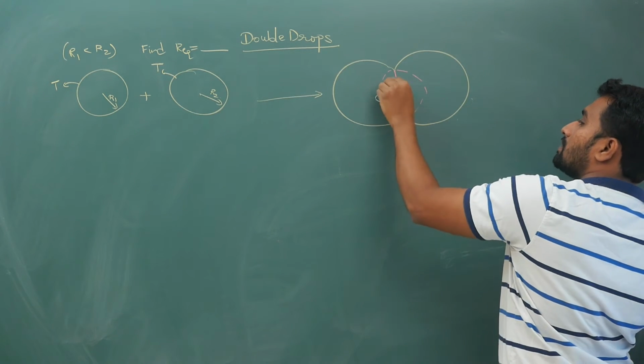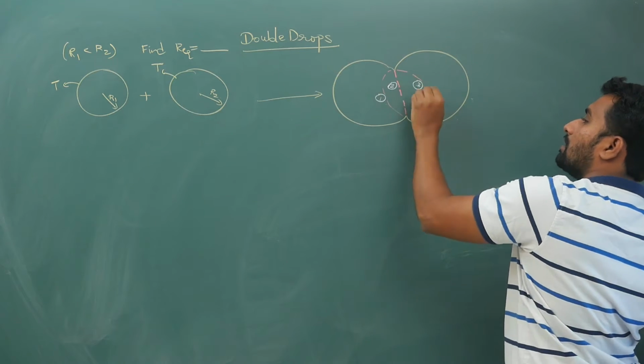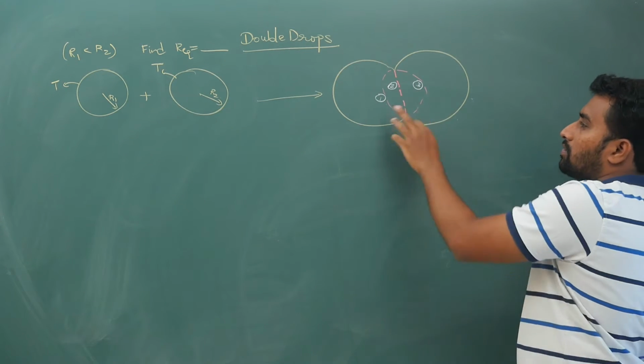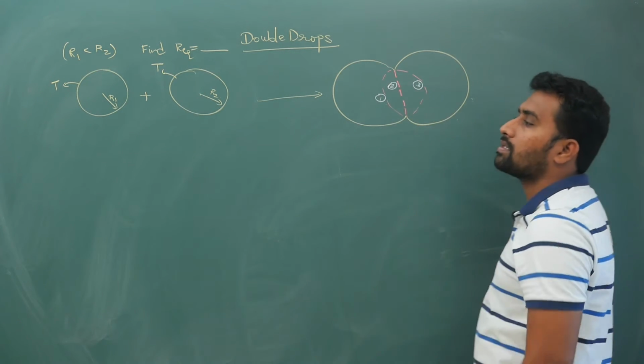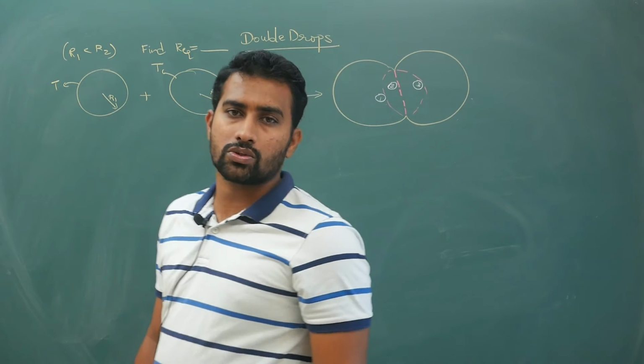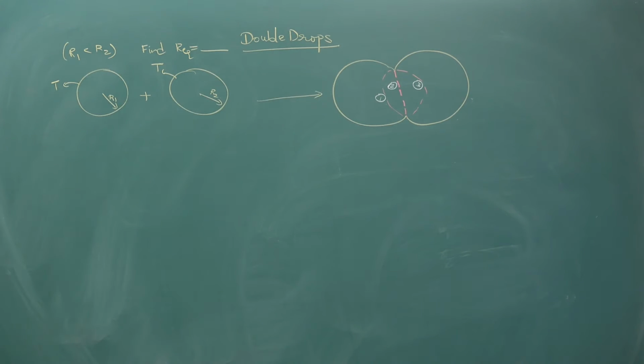This is 1, this is 2, this is 3. Out of these 1, 2, 3, which one is correct and what is the radius of curvature you are supposed to give? Come on, try it. One minute. Logically you have to decide what the final answer is. Don't be in a hurry.